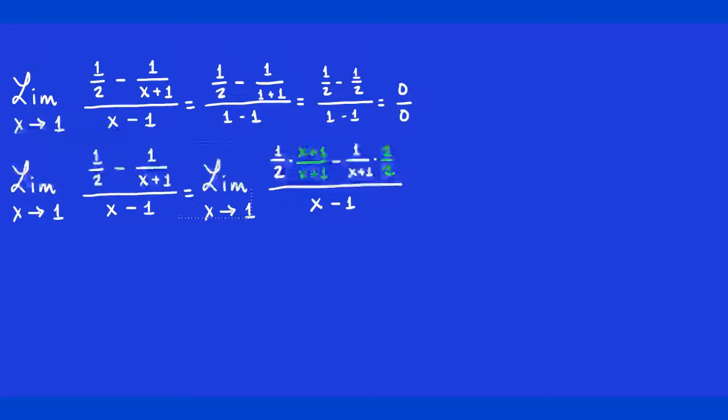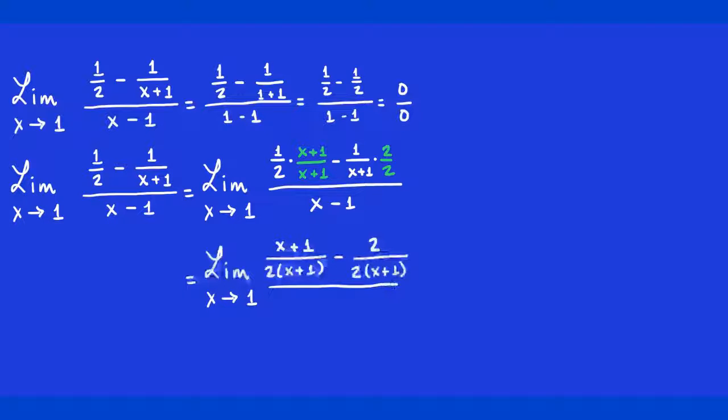Now let's continue down here. These fractions will look slightly different after doing this multiplication. It will be x plus 1 over 2 times x plus 1, minus 2 over 2 times x plus 1, all over x minus 1.